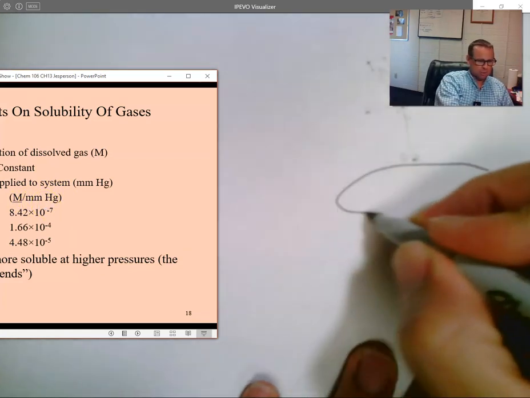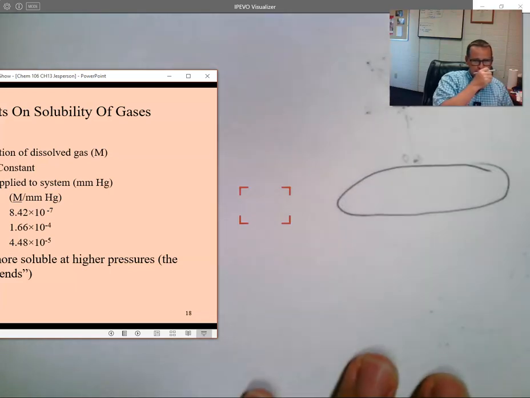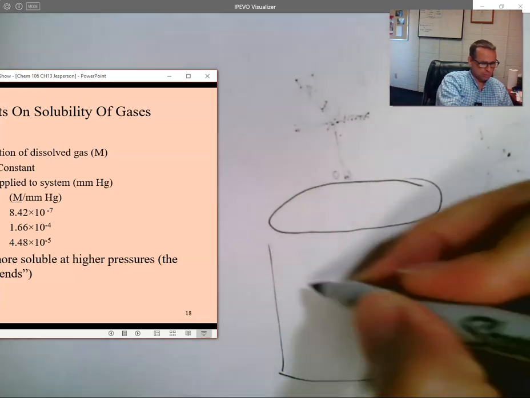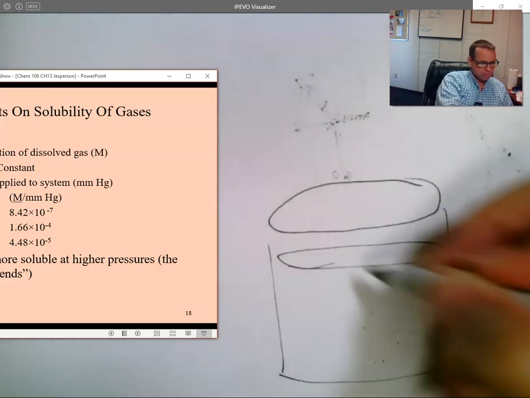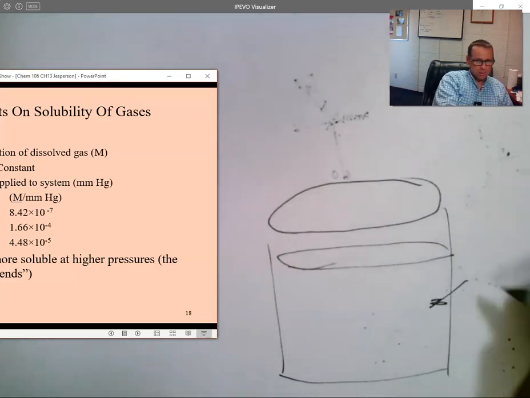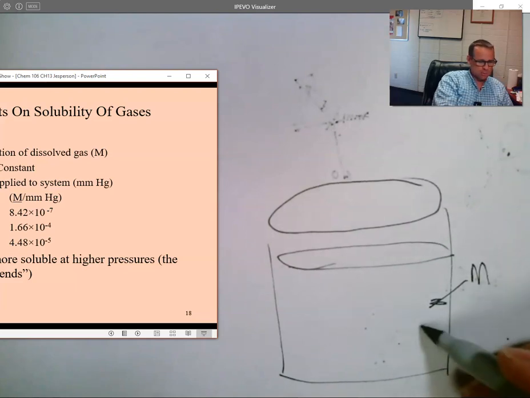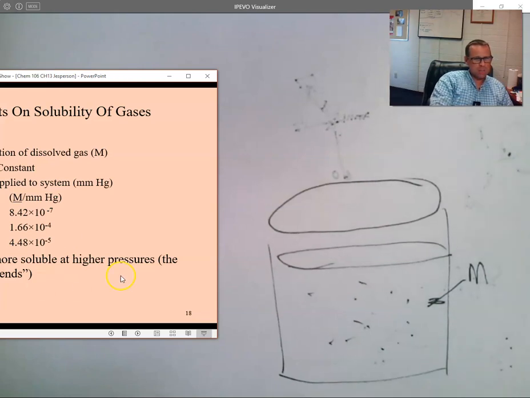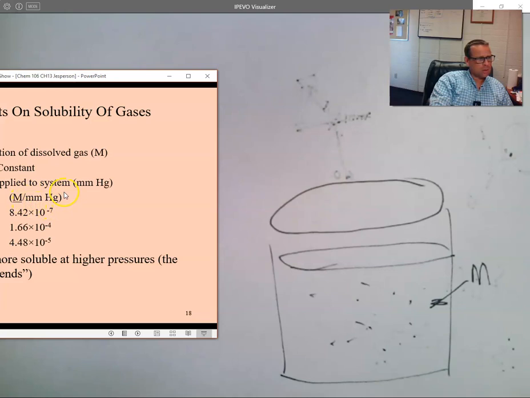If I have some sort of container here, and this container is full of some liquid, and apparently the concentration, the molarity of whatever is in here, depends on what? What does it say it depends on? The pressure. Yeah, the pressure.